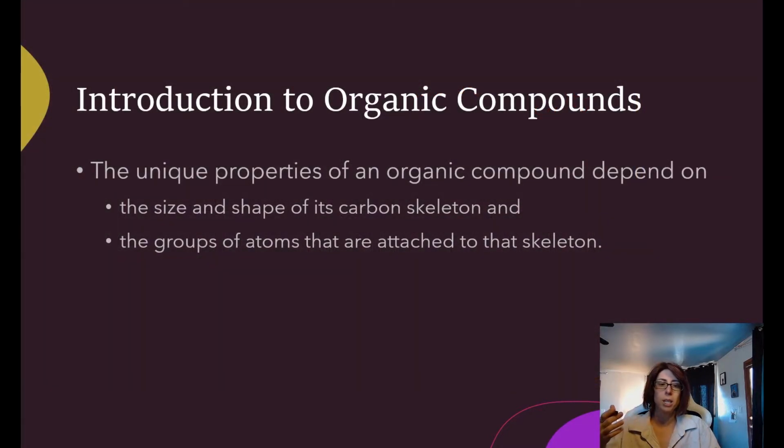So the unique properties of an organic compound depend on 1, the size and shape of the carbon skeleton, and 2, the groups of atoms that are attached to that skeleton. So we're going to be talking about functional groups, which are little chemical groups that have unique properties that can be attached to the carbon backbone of these organic molecules.